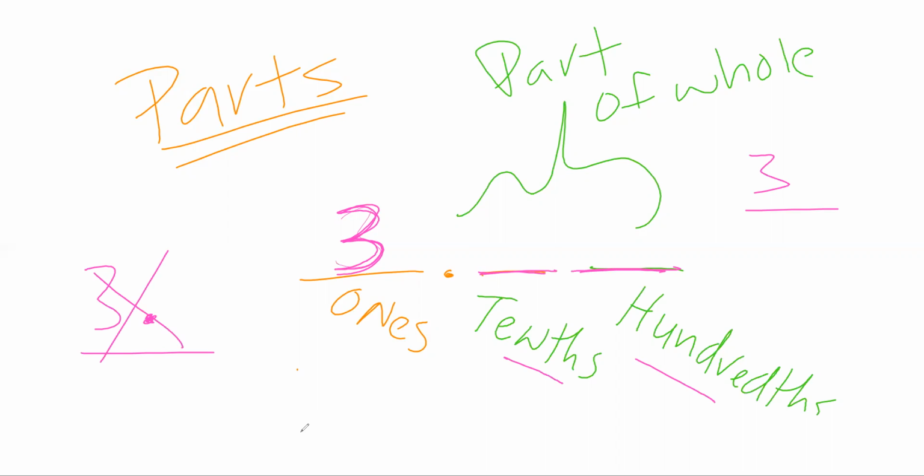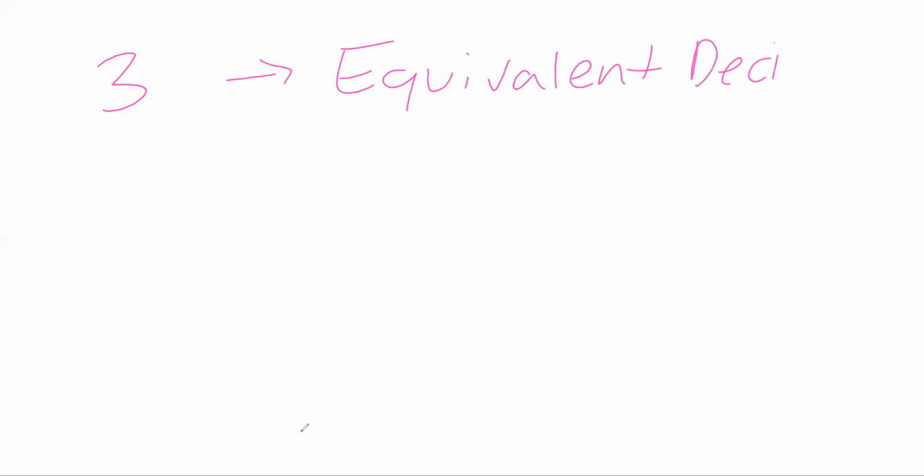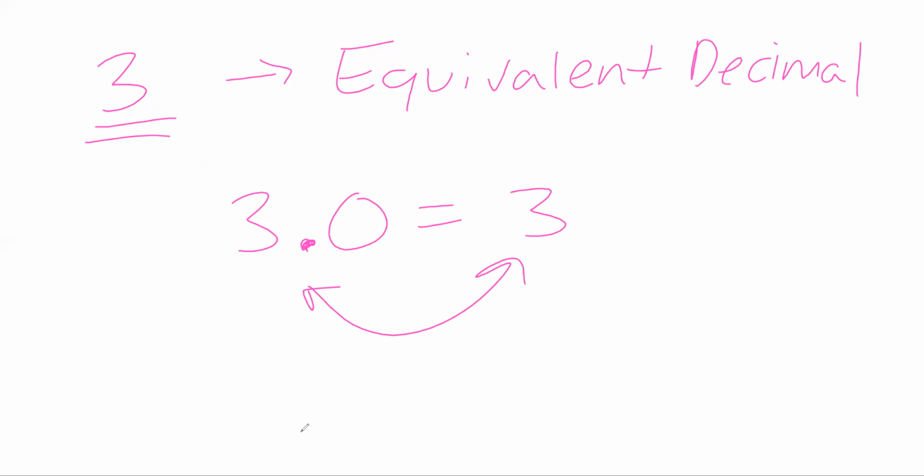But if someone says, let's think about the number 3 and write an equivalent decimal, you'd say, oh, okay, I do need to show 3 as a decimal, which is 3 wholes and 0 tenths, because I don't have any tenths. This is equivalent. They look different, but they're exactly the same.